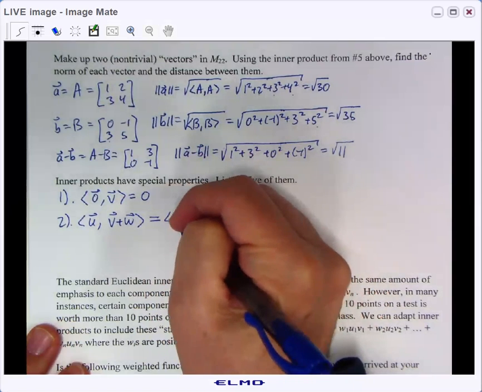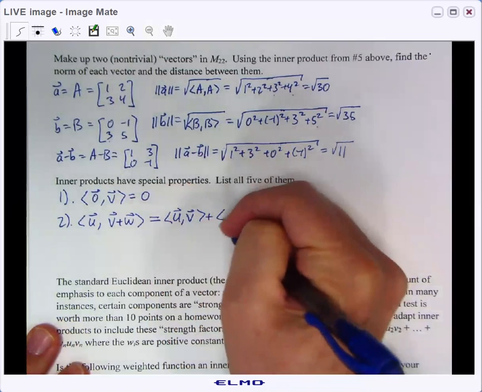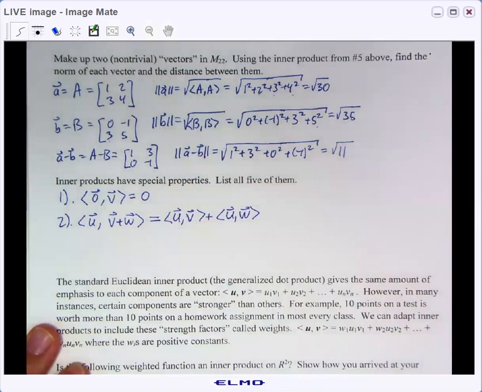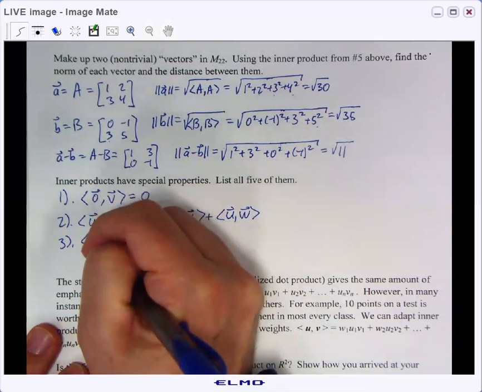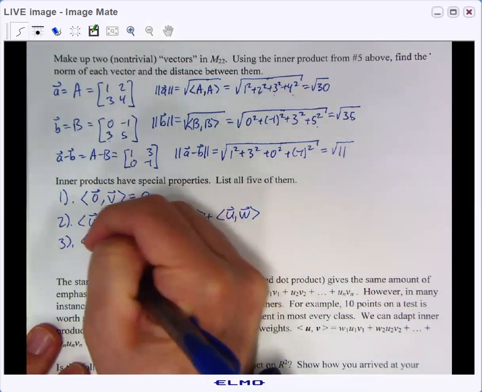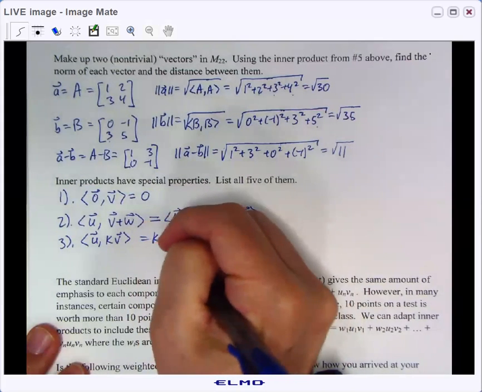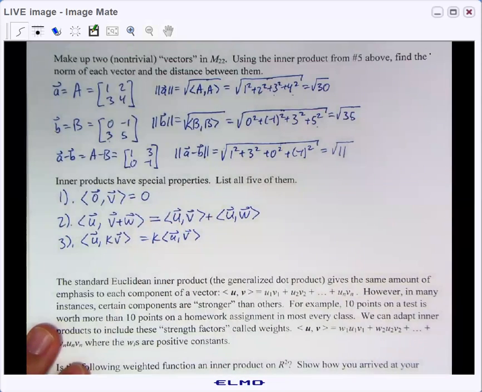But this should then be equal to U inner product V plus U inner product W. And you can prove this using the 4 axioms. Number 3 is, again, similar to one of our axioms, and can be proved using those 4 basic axioms.